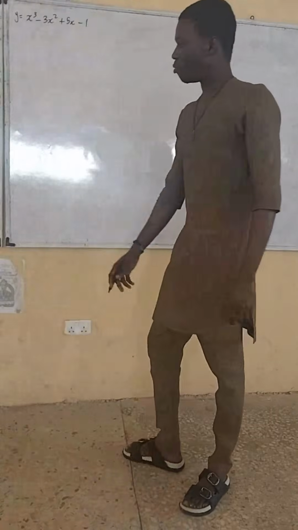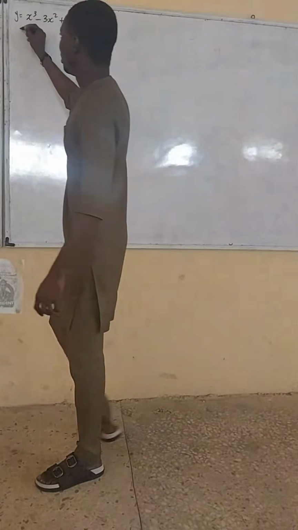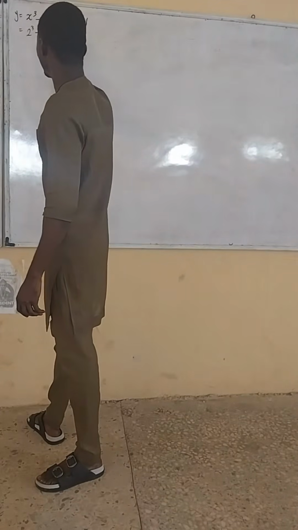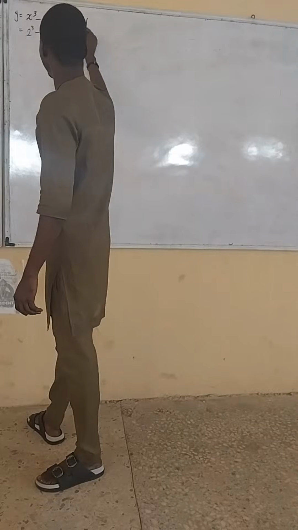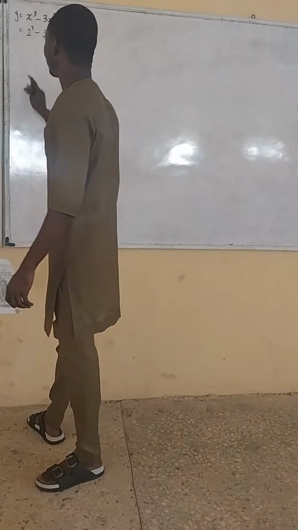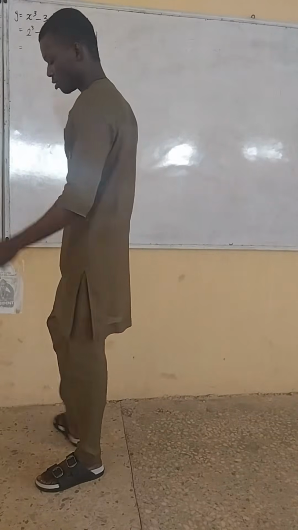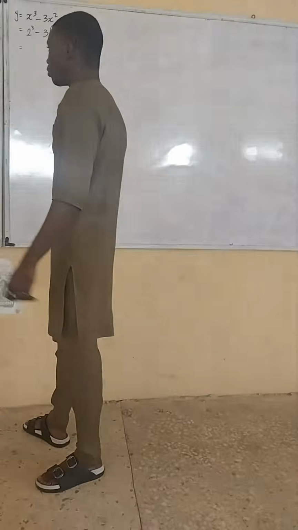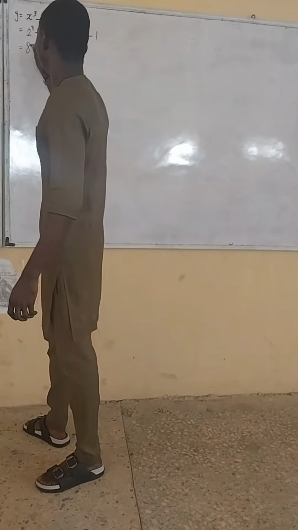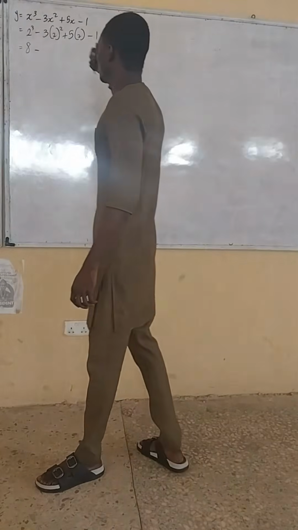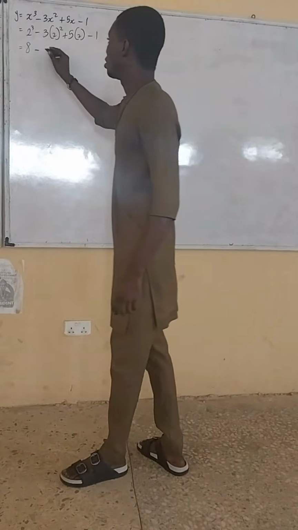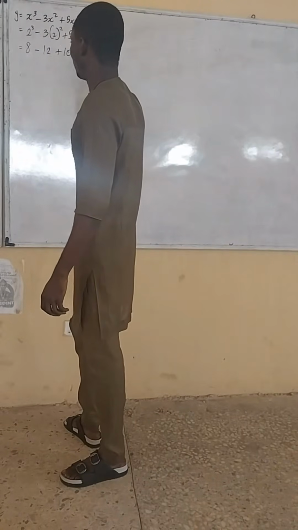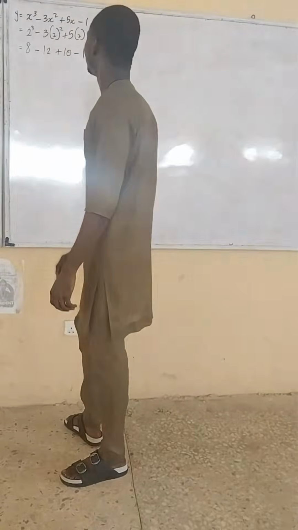Now, when x is 2, we have 2 raised to power 3 minus 3 into 2 squared plus 5 into 2 minus 1. 2 raised to power 3 gives us 8, that's 2 times 2 times 2. That's 8 minus 2 squared, which is 4, times 3 is 12, plus 5 times 2 is 10, minus 1.